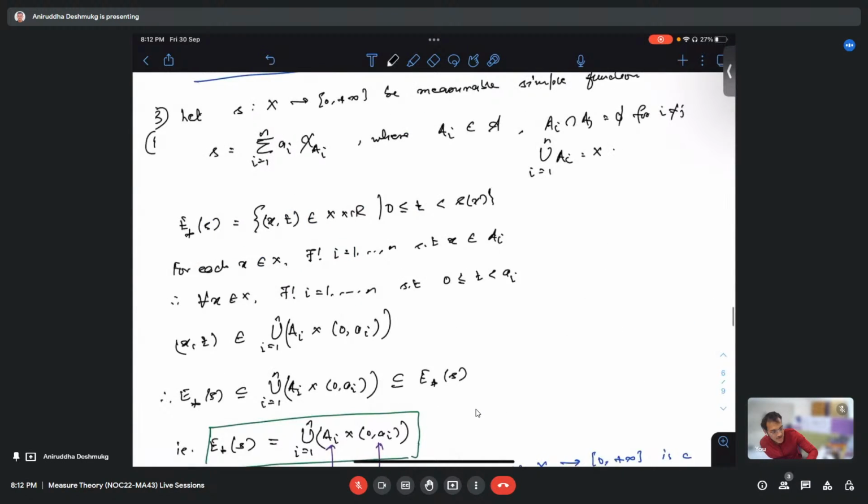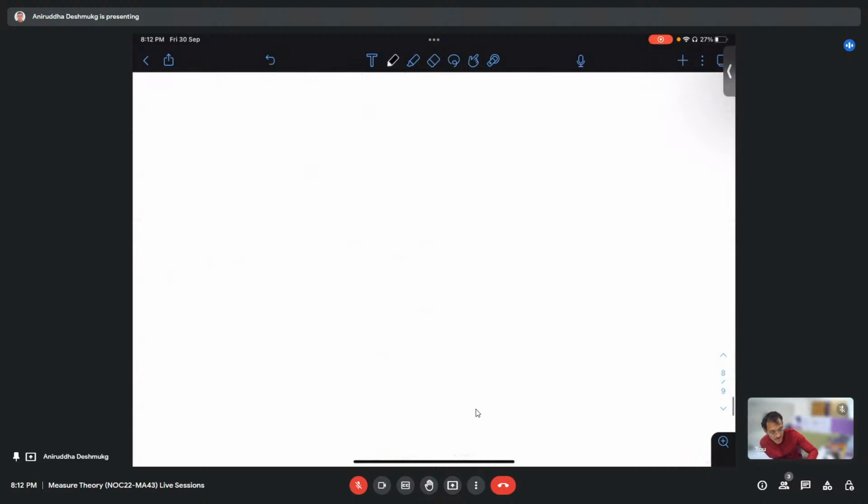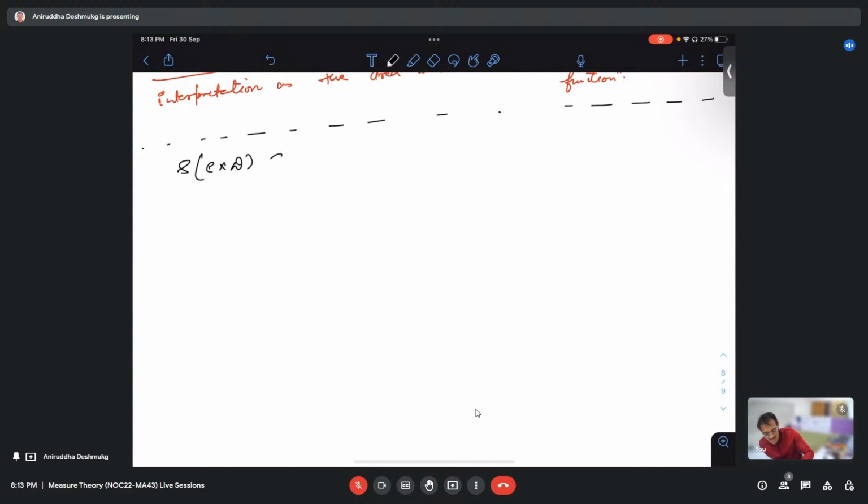There was one question in the mail which I would like to mention here now. The question was as follows. We have already seen that S of C cross D is contained inside S(C) cross S(D), but the equality is in general not true.